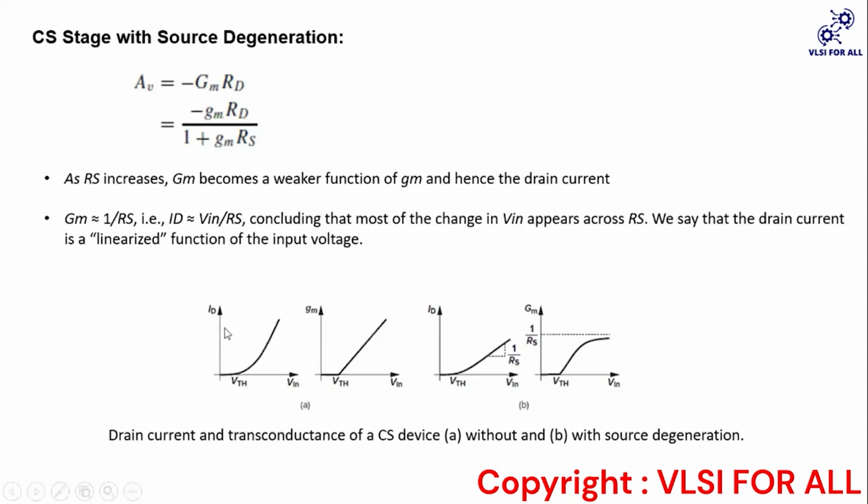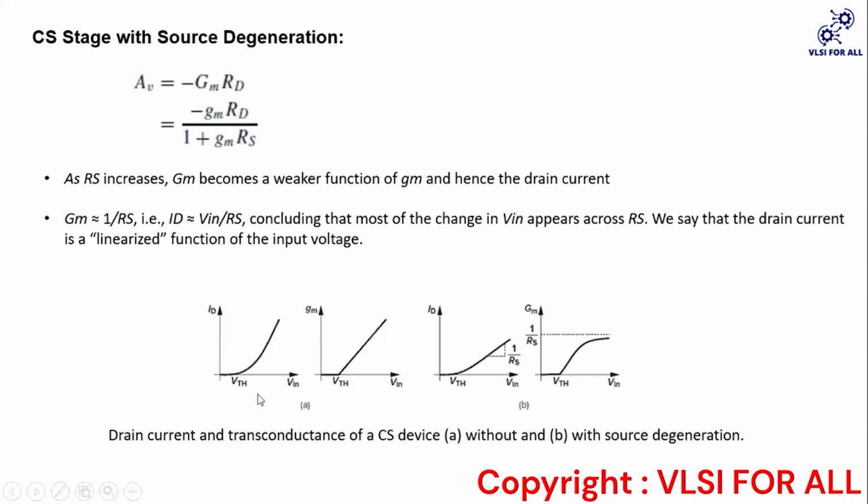Earlier, this is the result without a resistor at the source, and this is the result with a resistor at the source. Without the resistor, we can see the variation of id with respect to V in. When Vin is increased, our transistor is earlier in the cutoff region, then it moves into the sub-threshold region, then to the saturation region, and then it moves to the linear region.